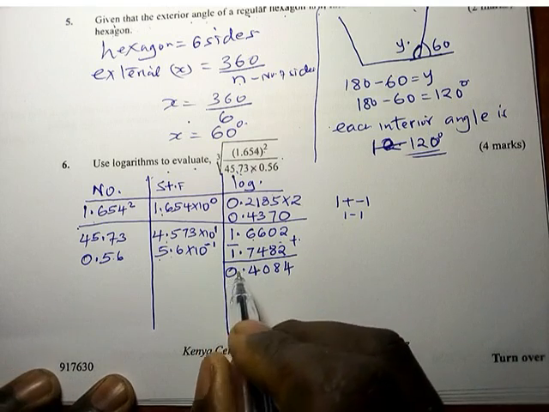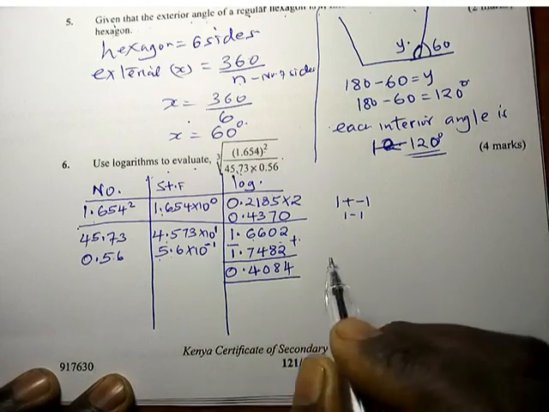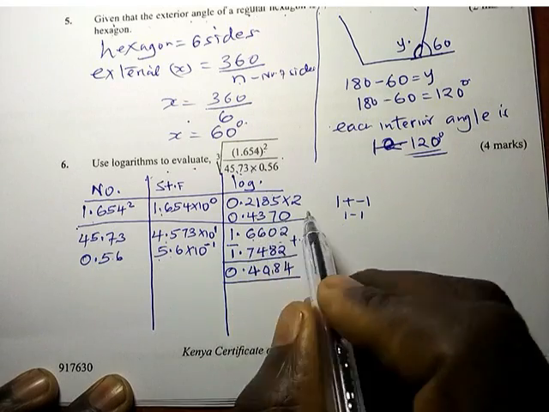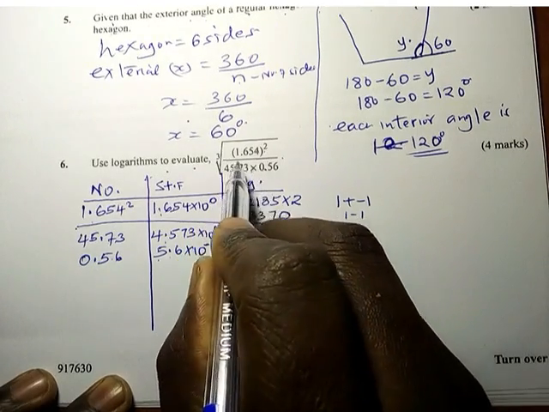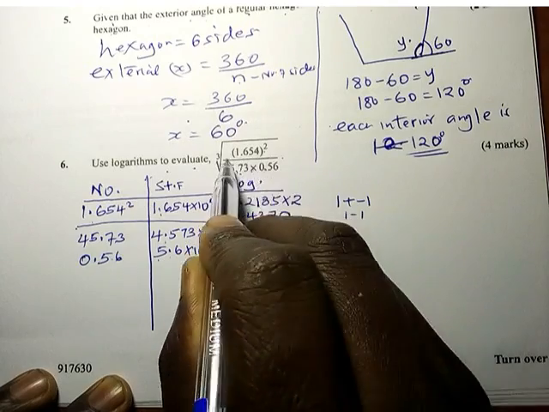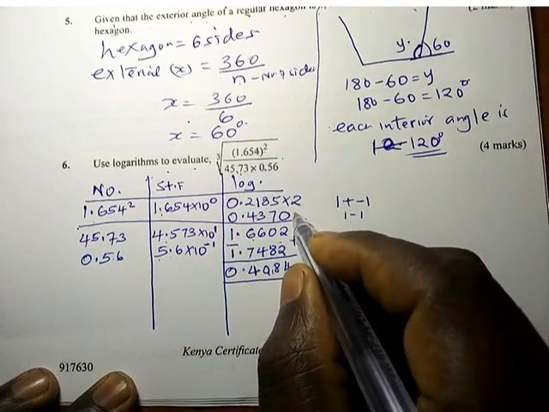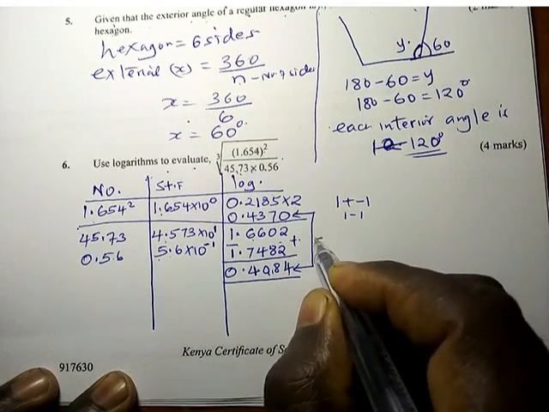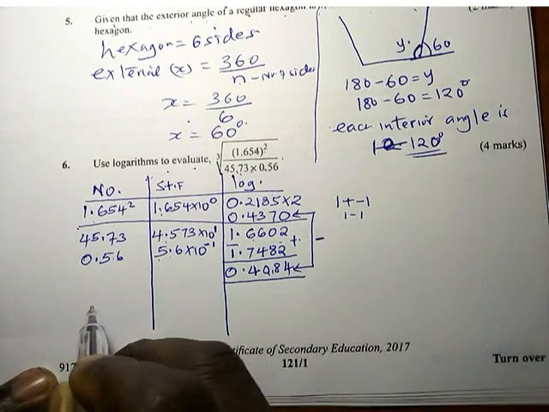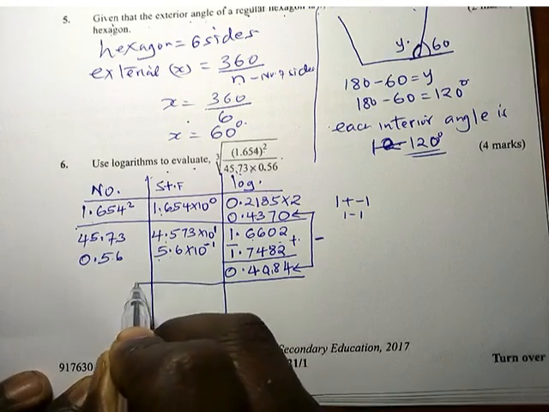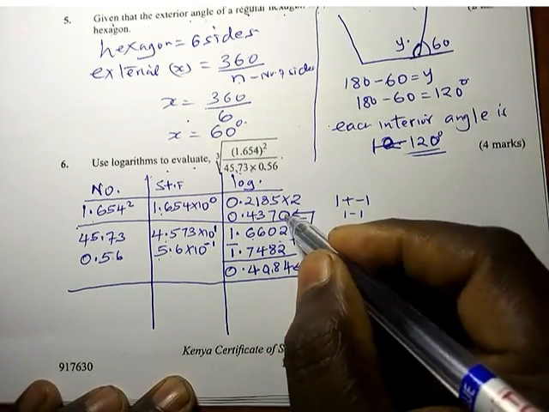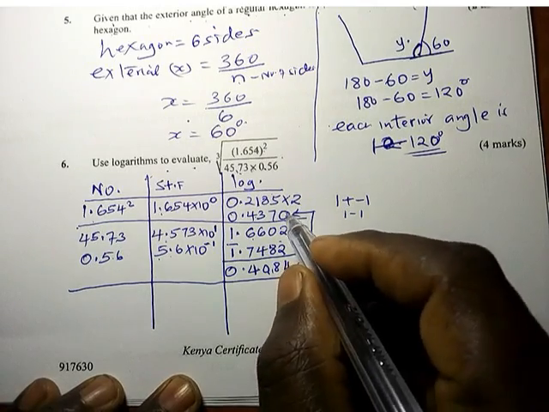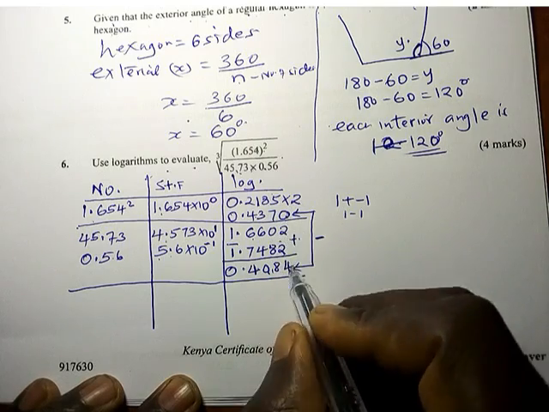So this is the answer for the numerator, and this is the answer for the denominator. And the numerator over the denominator is division. This line means division. So here the numerator, here the denominator, we subtract. So we subtract 0 minus 4, that is 10. We borrow 1 here, 10 minus 4 is 6.